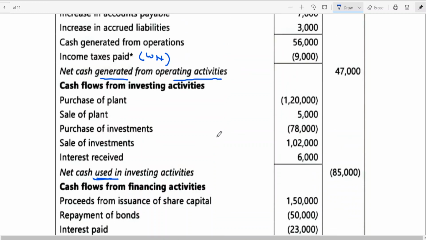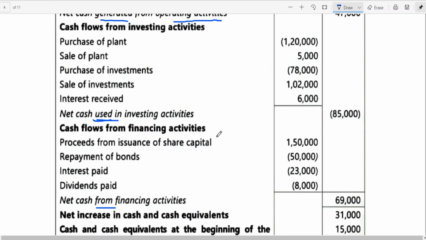We cross check 47,000, and 69,000 minus 85,000, you are getting 31,000. This is the net increase in cash and cash equivalents from operating, investing and financing, the net effect of it. That is a net increase or net decrease. Sometimes if you are getting brackets, it is net decrease.